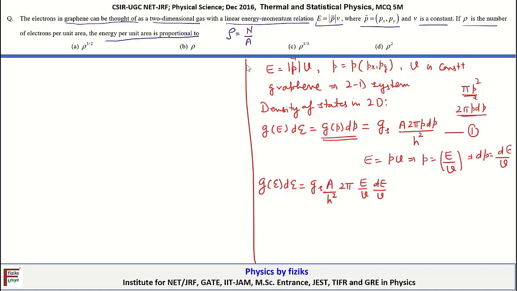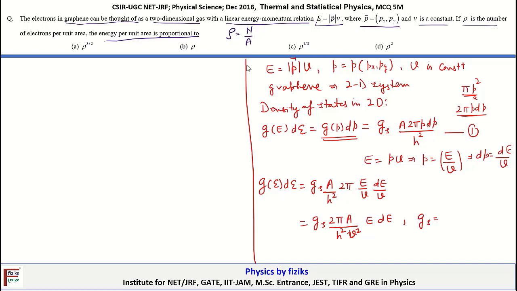dE upon v. Okay, so this turns out to be equal to G_s, the degeneracy factor, and then 2 pi A upon h square v square E dE. Okay, and here let me just talk about G_s also.